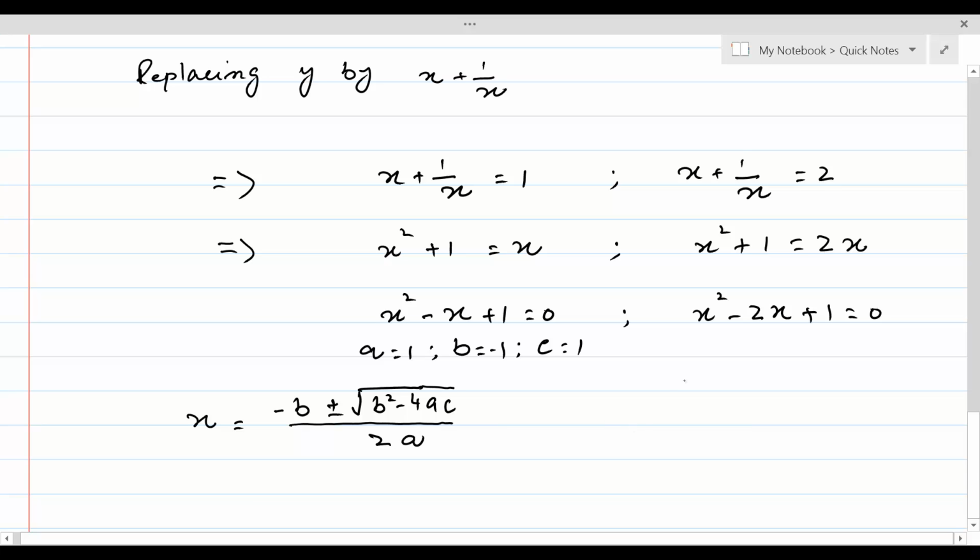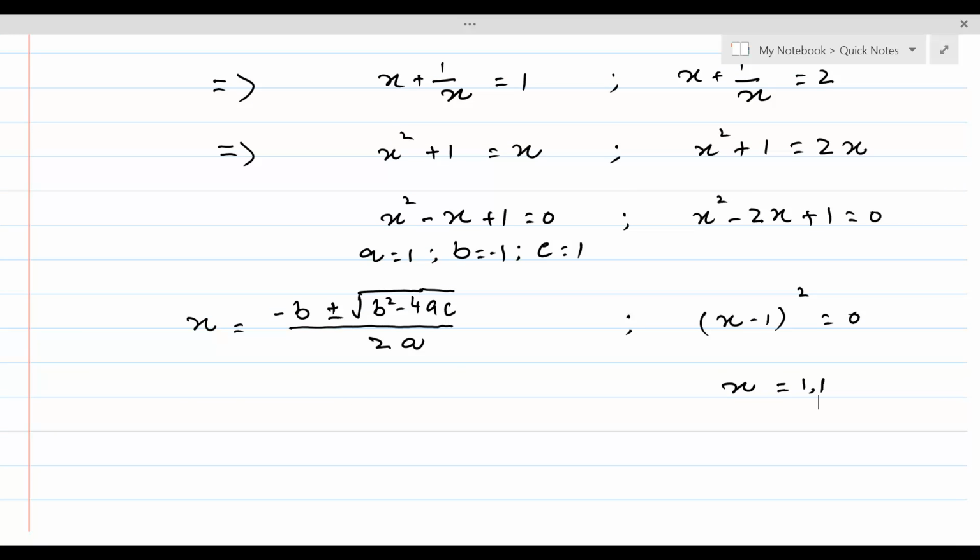And on this side this is a perfect square of x minus 1 whole square equal to 0. Therefore value of x will be 1, 1. 1 is a double root of this equation.